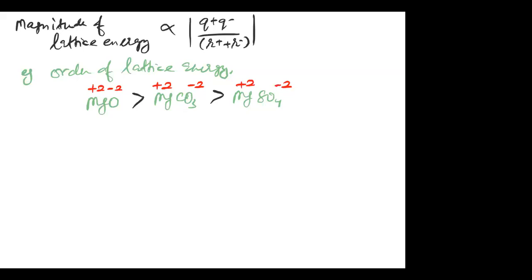Same if we have to compare the lattice energy of lithium fluoride, sodium fluoride, potassium fluoride, and rubidium fluoride. As the size of the cation increases here, the magnitude of lattice energy decreases.